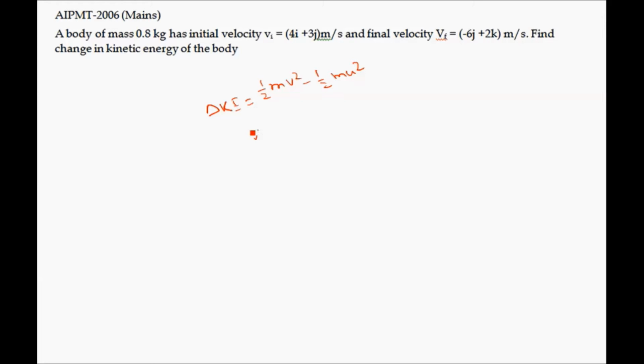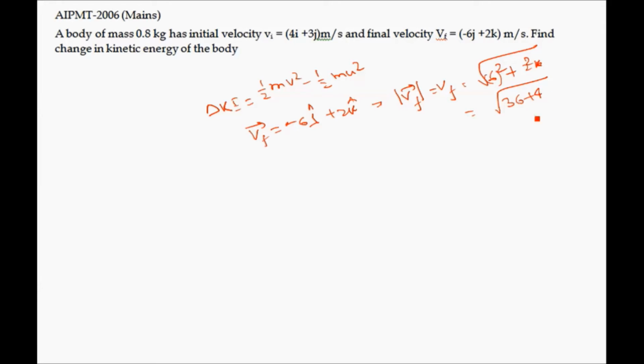So for this you just first calculate the final velocity. So final velocity vf is equal to minus 6j plus 2k, and is in vector form. If you consider its magnitude, then the value is equal to square root of 6 square plus 2 square, that is 36 plus 4, square root 40.